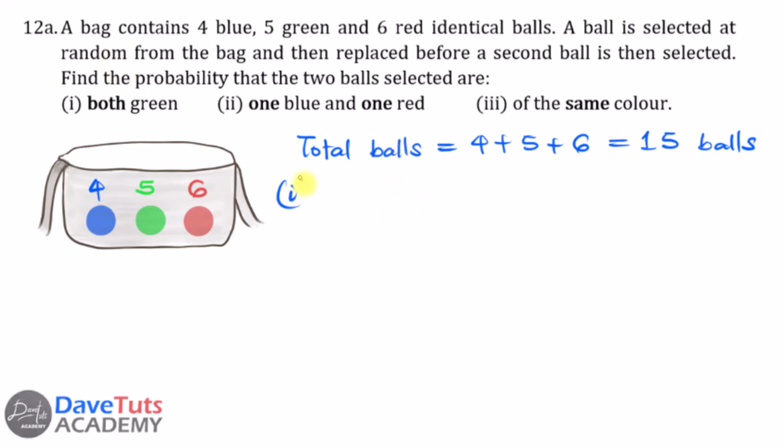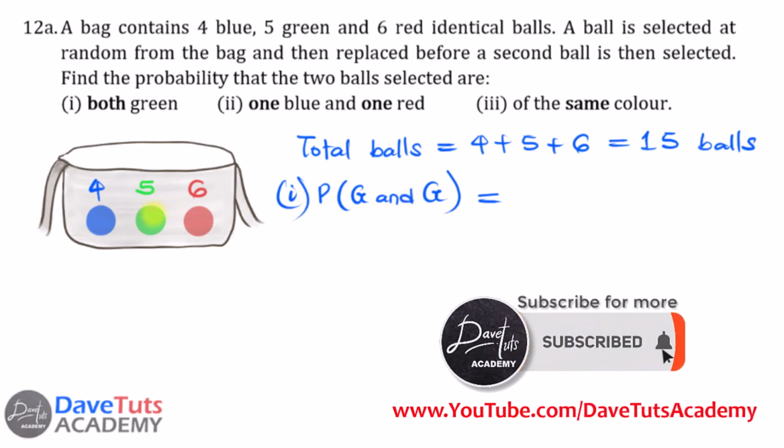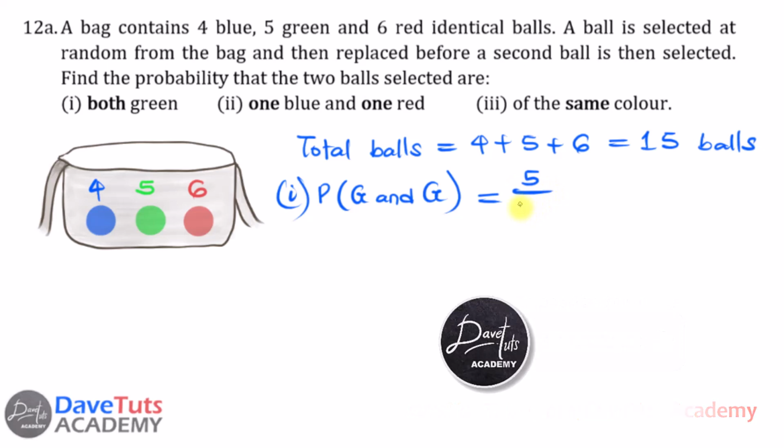In the first case, we're talking about 2 balls and they are saying we should find the probability that both are green. So we are looking at the probability that the first one is green and the second one is also green. So it's probability of green and green. And in this particular case, what is the probability of picking a green ball? It will be the number of greens, which is 5, over the total, which is 15.